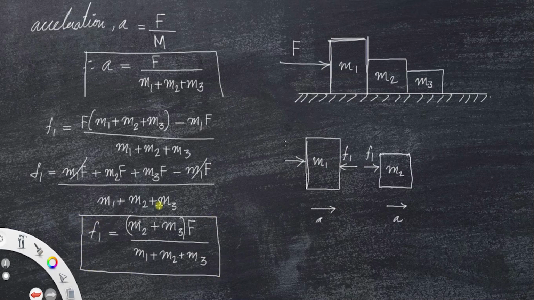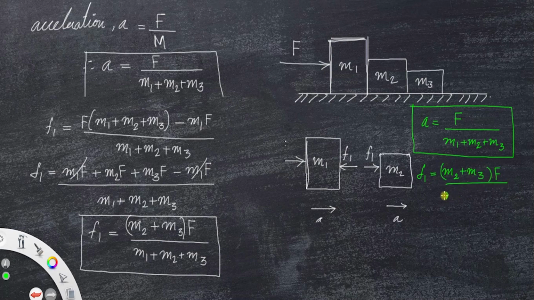So this is the expression for the force acting between M1 and M2. That is the action reaction pair between M1 and M2. Let me write it here, otherwise we will forget it. We have acceleration A is equal to F divided by M1 plus M2 plus M3. We have F1 is equal to M2 plus M3 times F divided by M1 plus M2 plus M3.